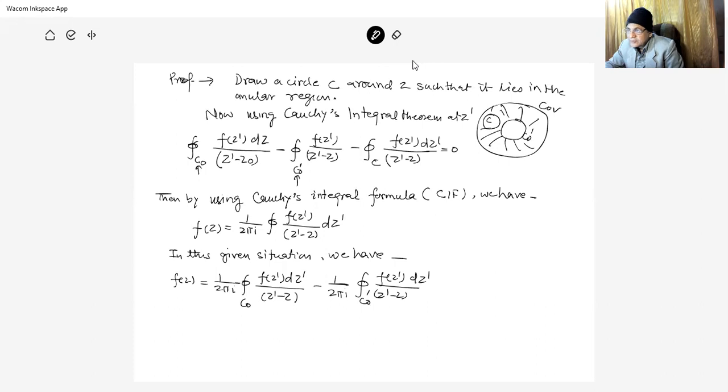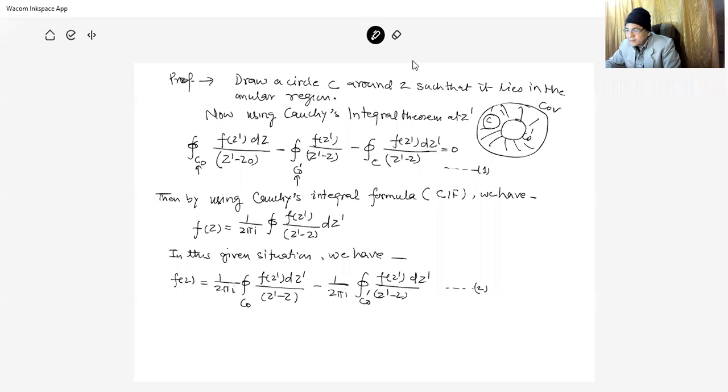So these are the two: this is the first equation, and here it is the second equation that is applied on the annular part of the two concentric circles.